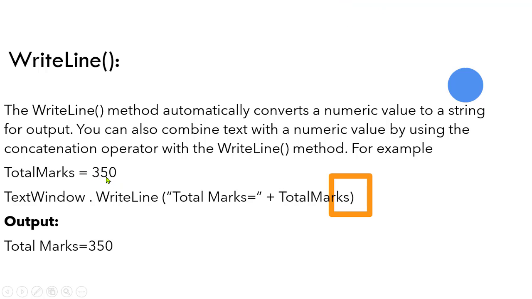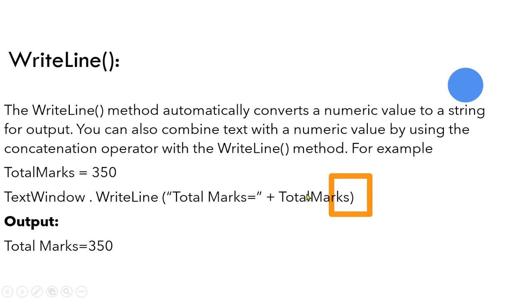350 is a numeric constant in Small Basic, and here this equal sign is used as an assignment operator, which is used to assign this value 350 to this numeric variable. When we write the statement TextWindow.WriteLine total marks is equal to, it is written in double quotes, so students, it is a string, and here the plus sign is used as the concatenation operator.